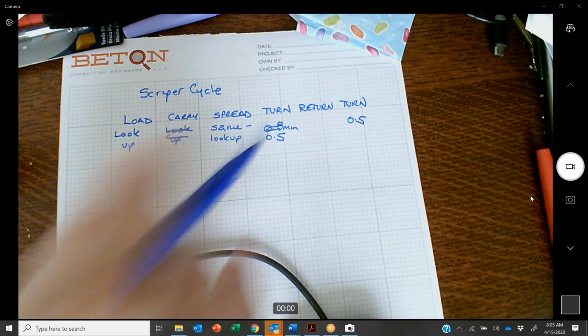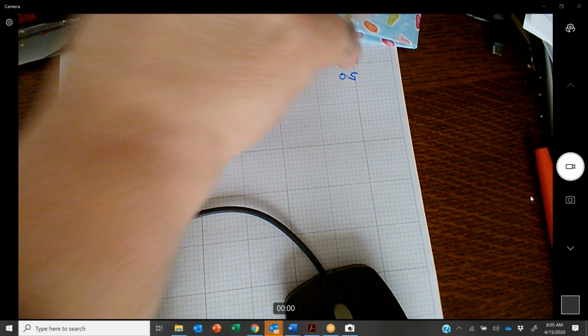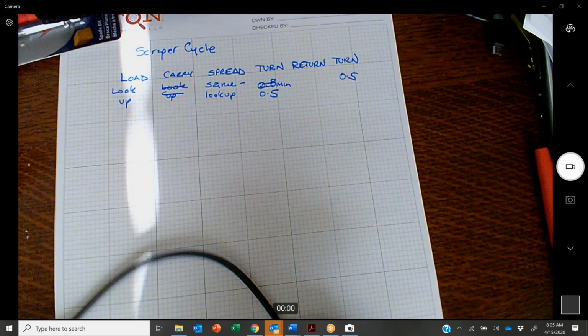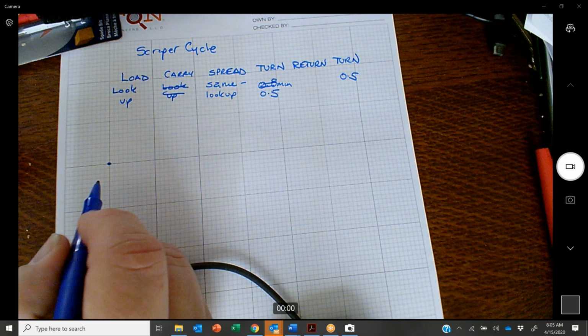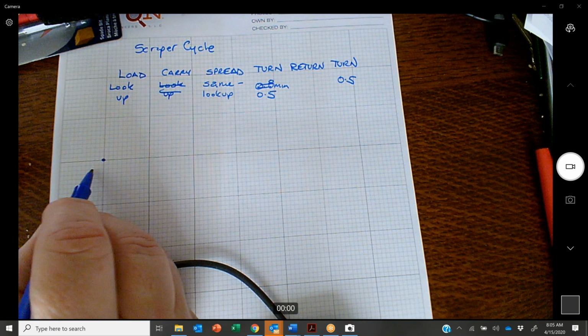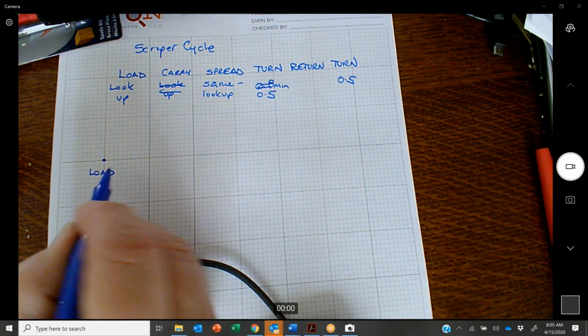And so we need to calculate what our haul and return time is, and we do that by laying out the distance between where we are loading and where we're spreading.